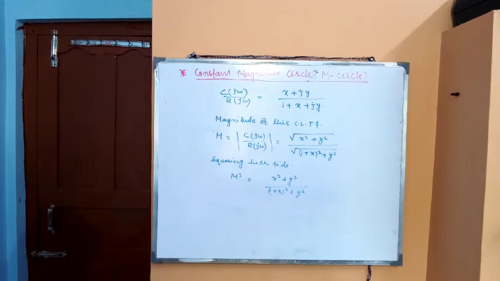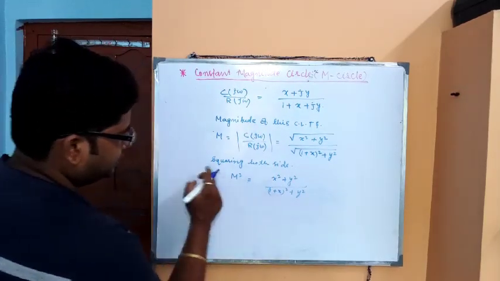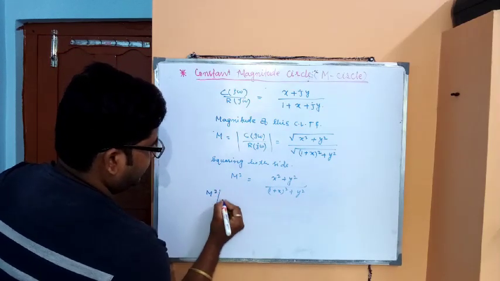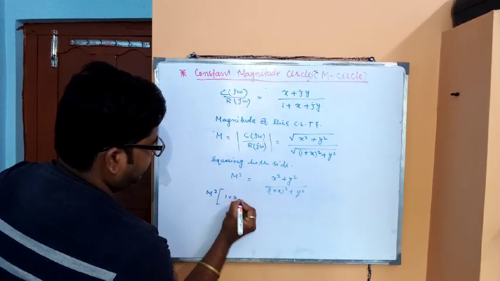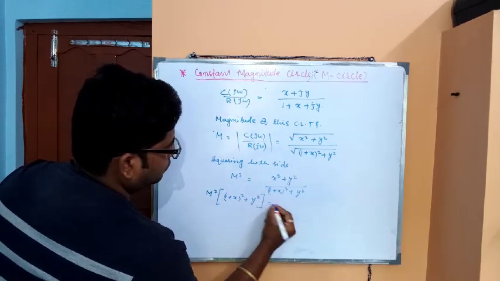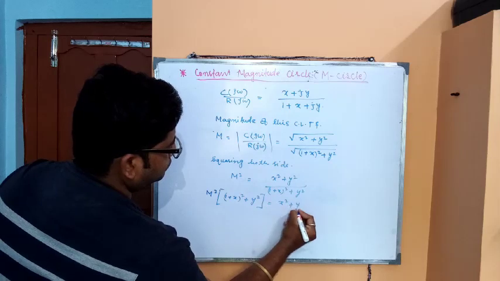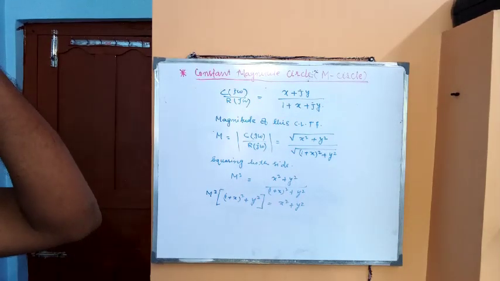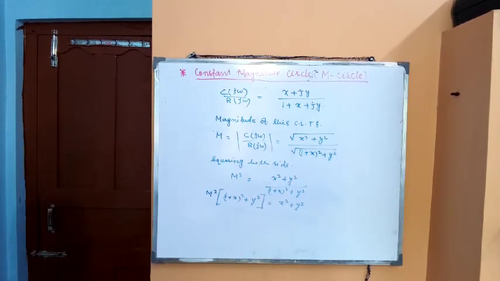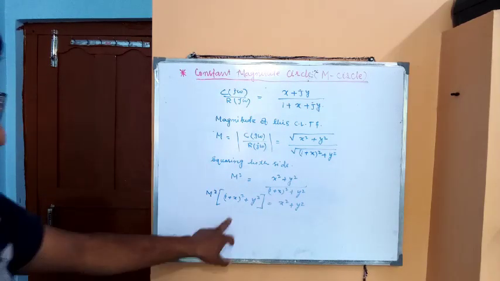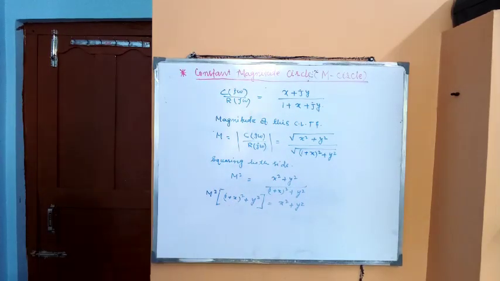Now take this term to the left hand side and multiply with M square. So M square into 1 plus x whole square plus y square is equal to x square plus y square. Now first simplify this equation.